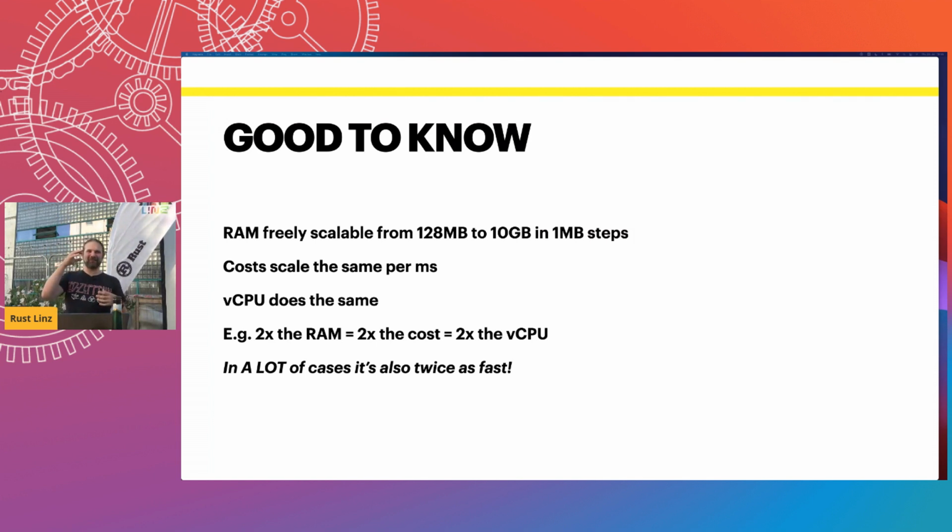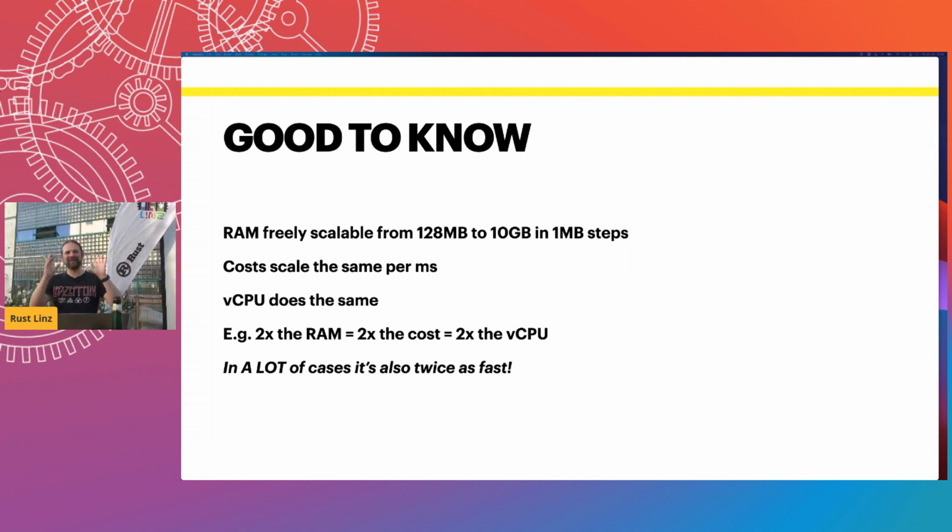So if you're using 128 megs of RAM, you have $0.000021 to pay. If you have twice as much RAM, you're going to pay twice as much. But, and this is interesting, you're also getting twice as much CPU, which means that for most of the workloads that you're doing, it just costs the same.